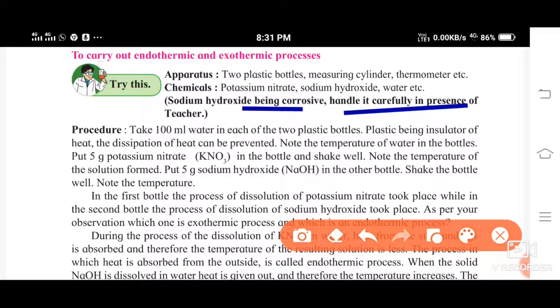Now the procedure: take 100 ml of water in each of the two plastic bottles.